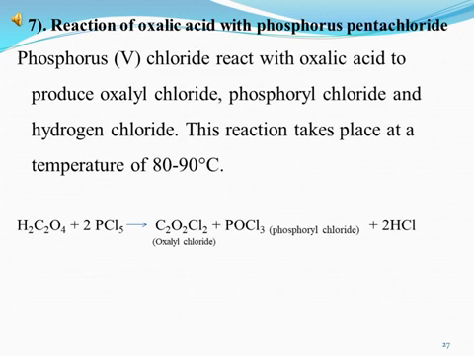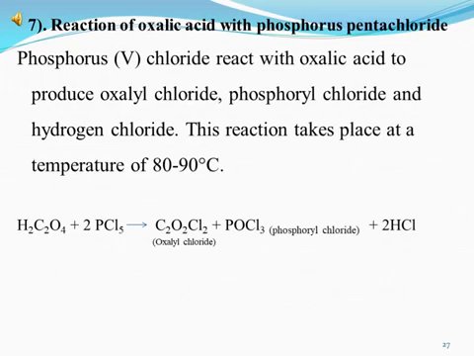As you can see in the reaction, oxalic acid reacts with phosphorus pentachloride to produce oxalyl chloride plus phosphoryl chloride plus 2 molecules of hydrochloric acid.